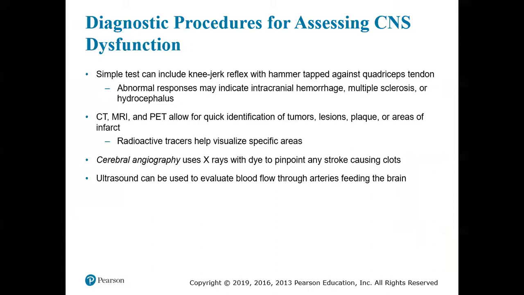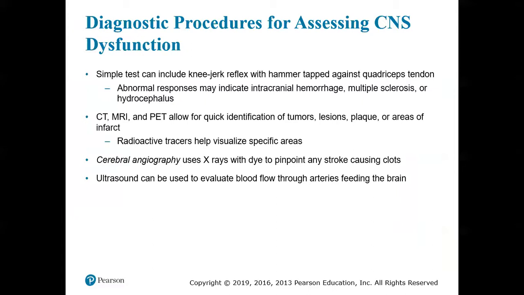So, diagnostics for assessing central nervous system dysfunction. You could do the simple test that includes the knee-jerk reflex. That's a good one. Basic, simple. You can get some information from that.